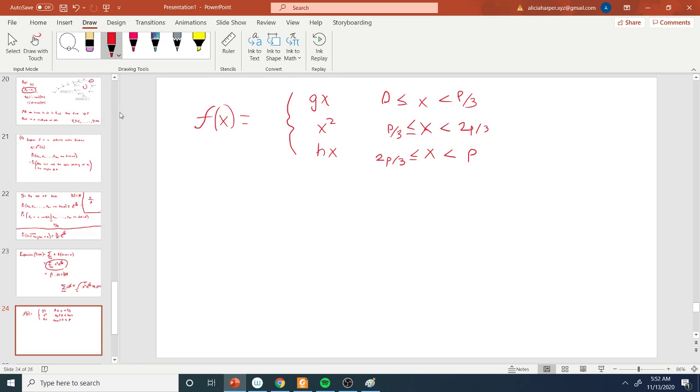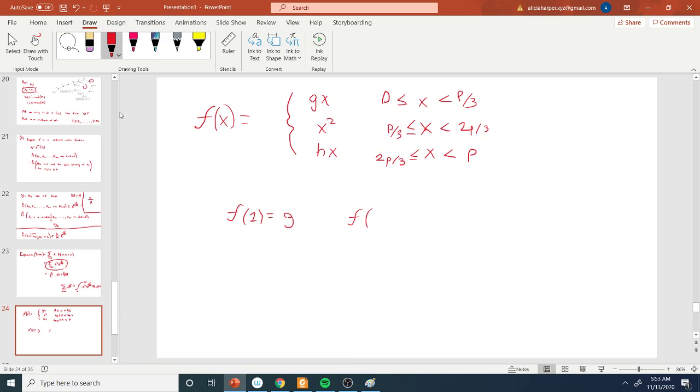Now, what happens here is that, for example, if we do f of 1, we get g.